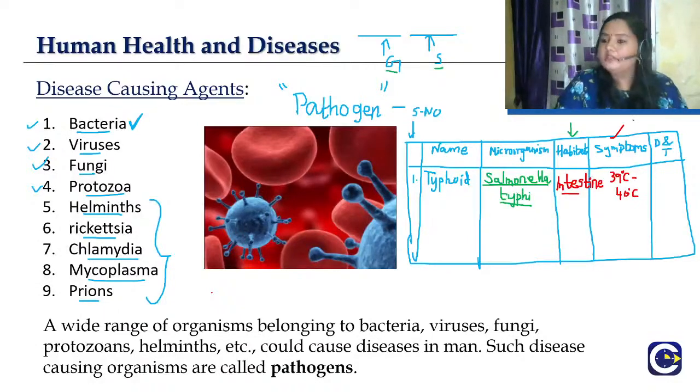Okay, very good. So what is the diagnostic method we have and what are the treatment processes we have? Okay, diagnosis is done through a special test called the Widal test. Okay, Widal test. Yes, stomach pain, abdominal pain.